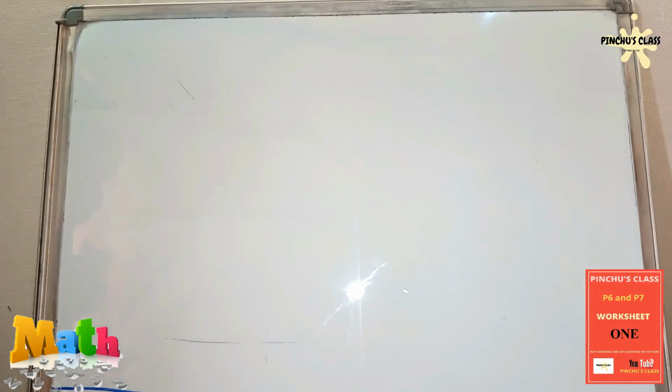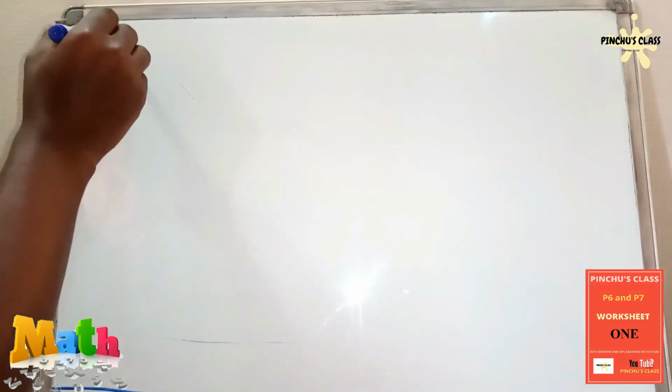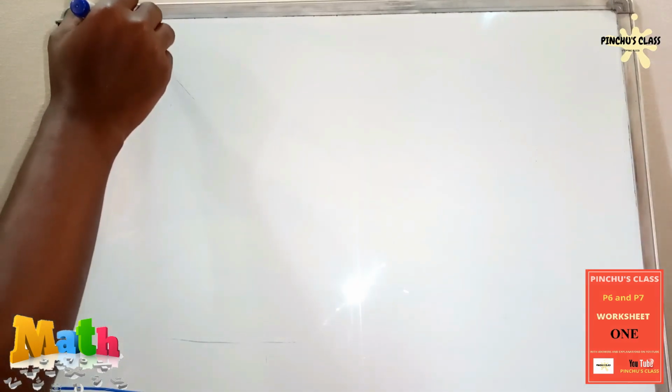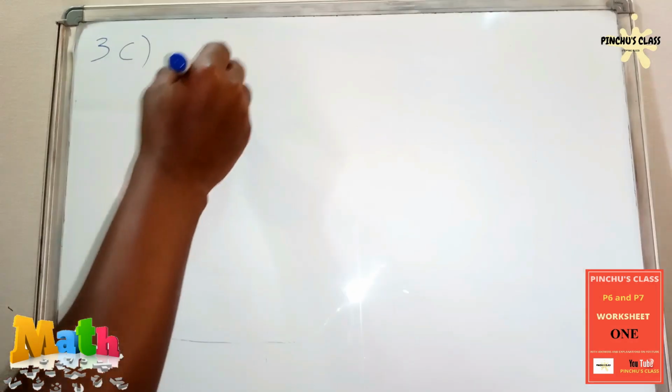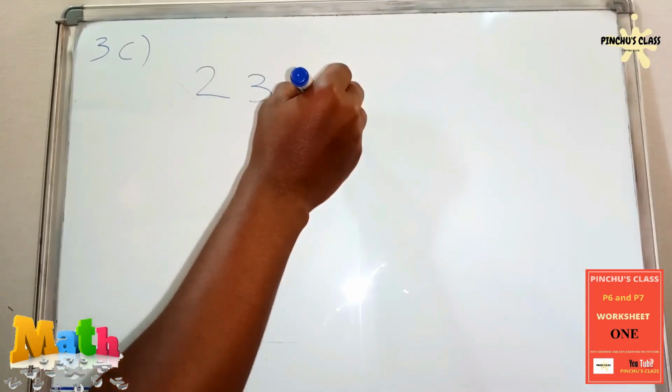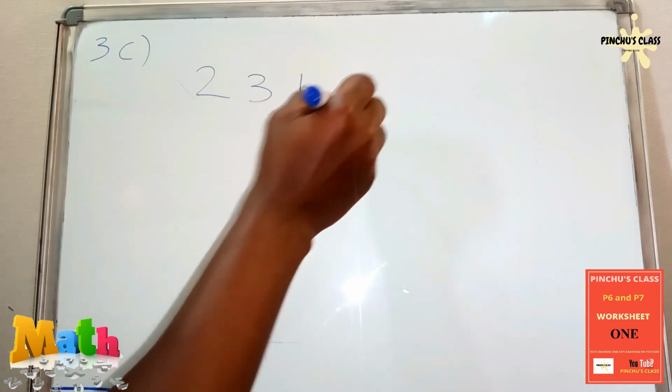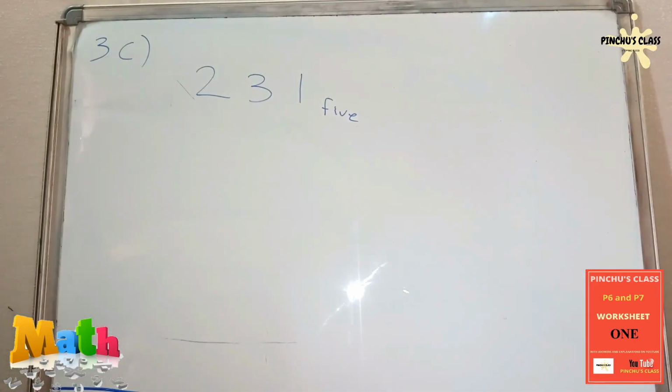Then we go to 3C. Let's go to 3C. Now we are finding the place value of 2 in 231 base 5. Now here we have to first list the different place values here.